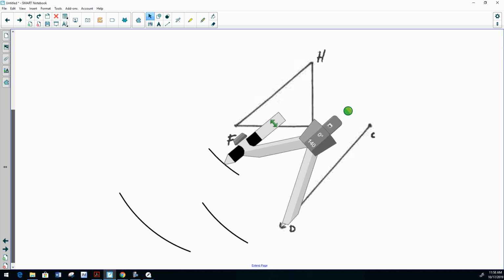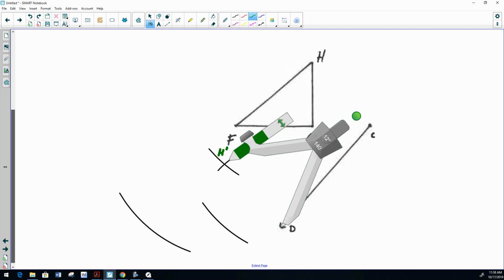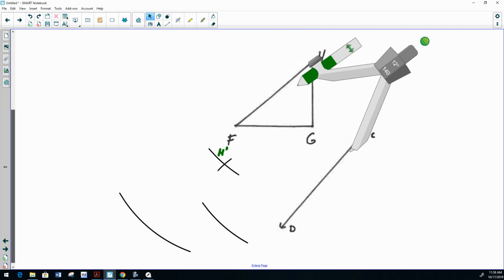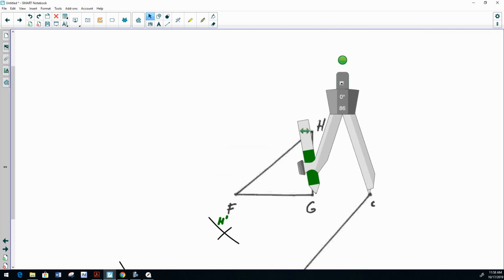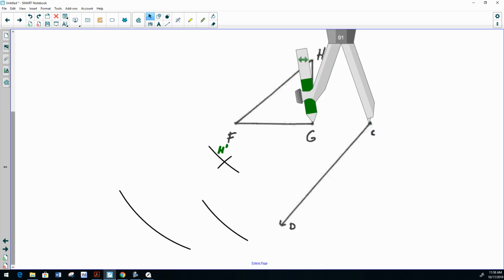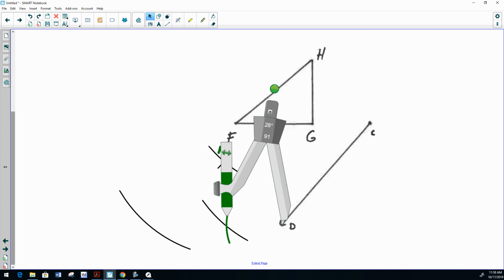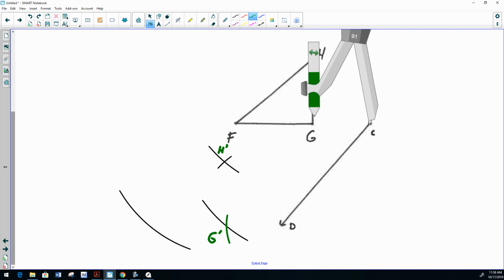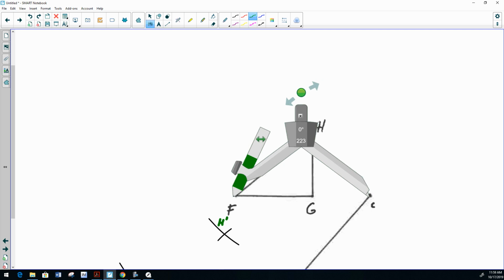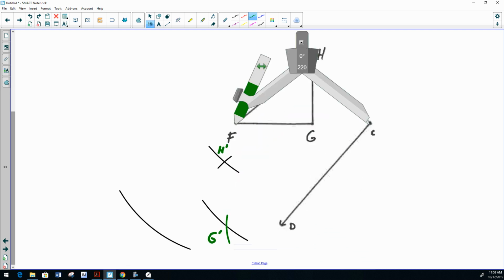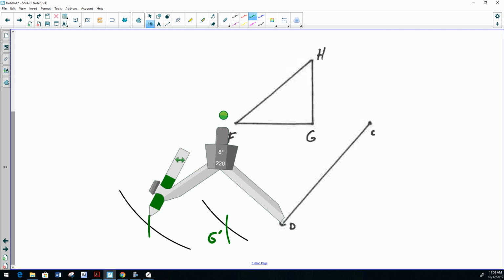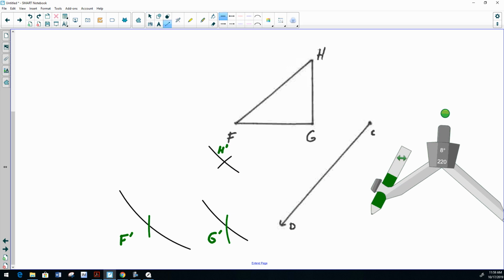I'm going to measure G. Slide that over. And measure F. There we go.